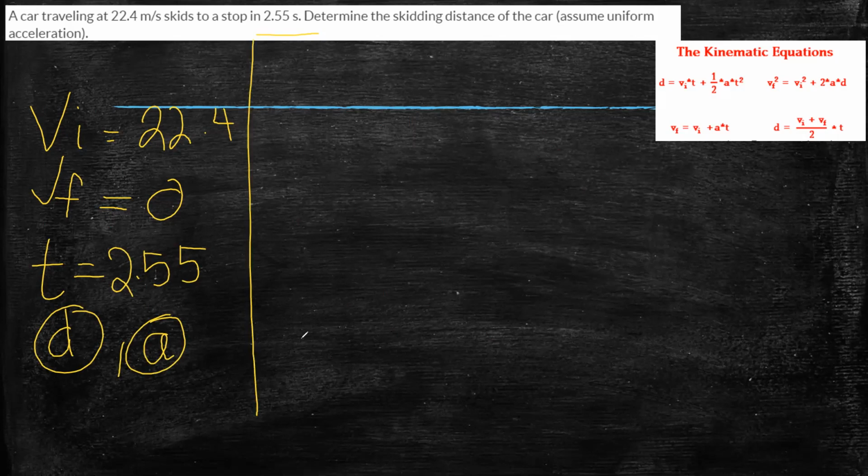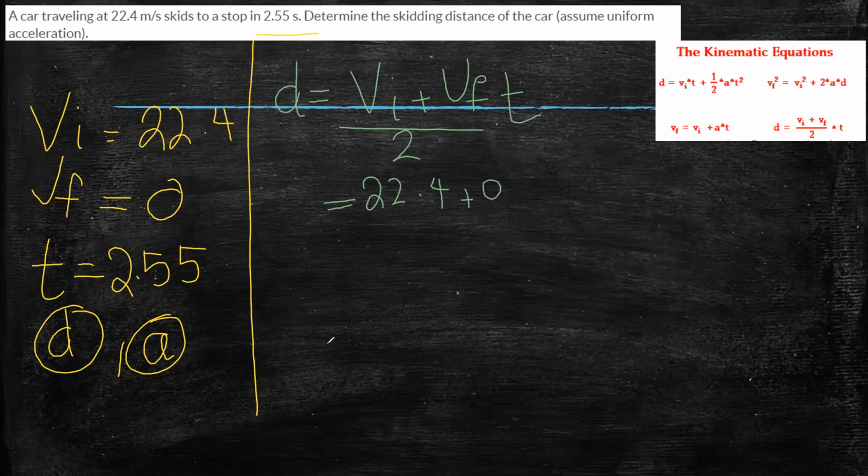First we're going to use the fourth equation. I want to find D. So which one helps me? The fourth equation. V initial plus V final over 2 times T. So it's going to be 22.4 plus 0 over 2 times 2.55.